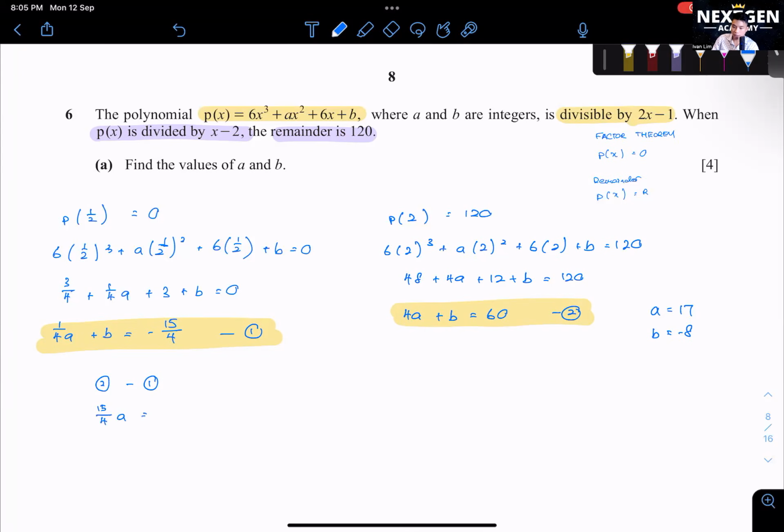And then 60 minus 15 over 4, I'll get 255 over 4. A, go and calculate it, you get 17. So this will be my first value. Then after that, sub a equals to 17 into equation 2. So 4 times 17 plus b equals to 60, b equals to negative 8.